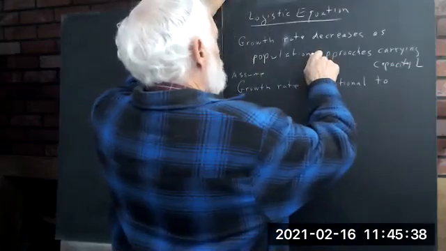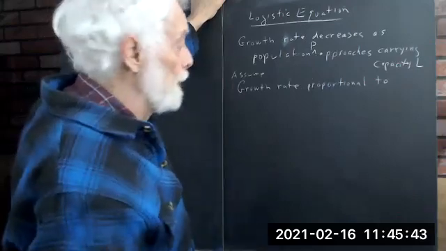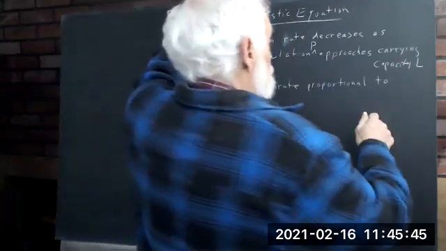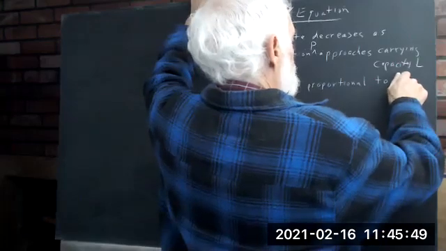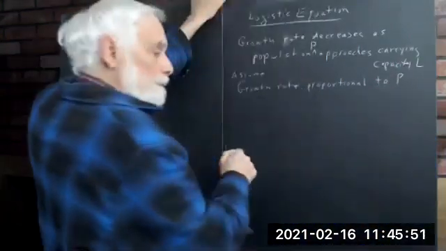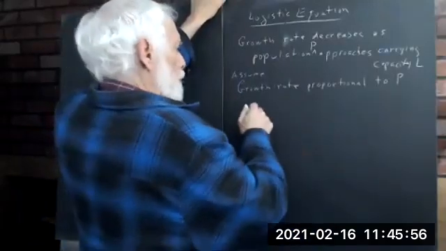So the population, and I'll put a P in here. We'll use P instead of Y. Okay, growth rate is proportional to P, the population. The more population you have, the more growth you have.